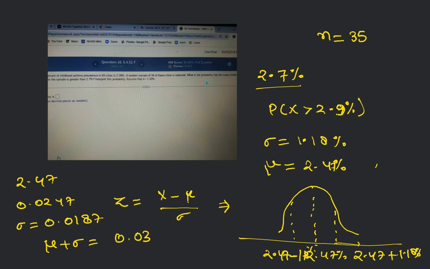Okay, just give me a moment. Can you please add them both? What numbers? So 0.0247 and 0.0187.